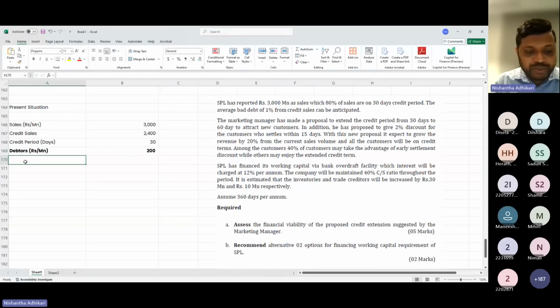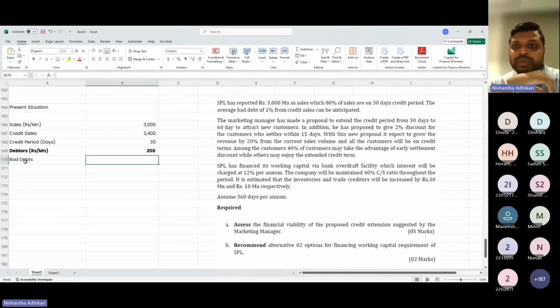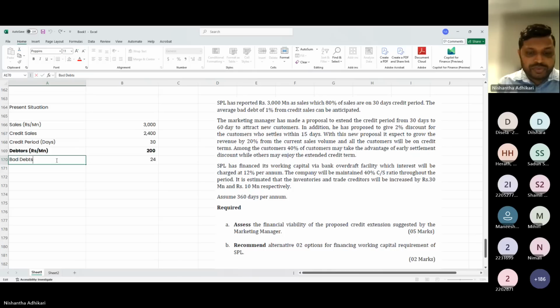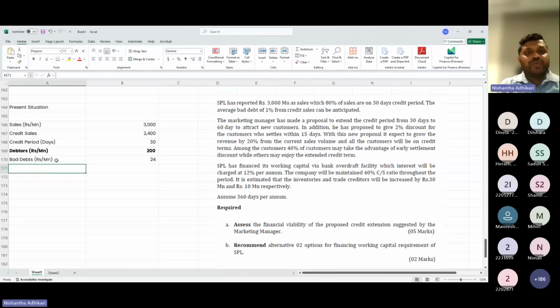Right. Bad debts. The average bad debt is 1% of the credit sales, 2,400 into 1%, 24 million. Right. 24 million.